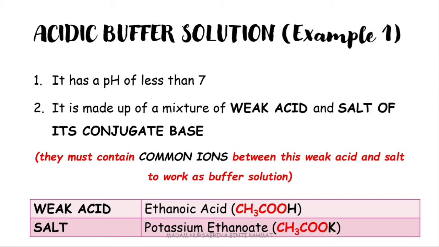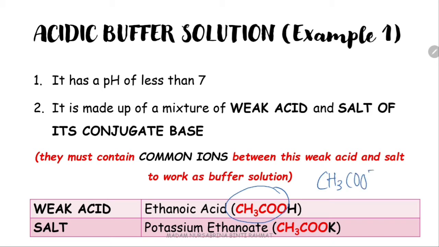I just want to highlight that any buffer solution needs to have common ions between its components for them to work as a buffer solution. In this example, I have ethanoic acid and potassium ethanoate, so my common ion is CH3COO negative, the ethanoate ion.